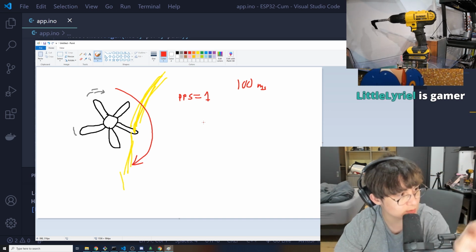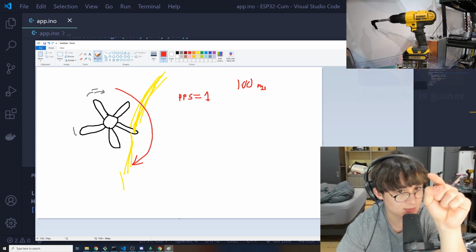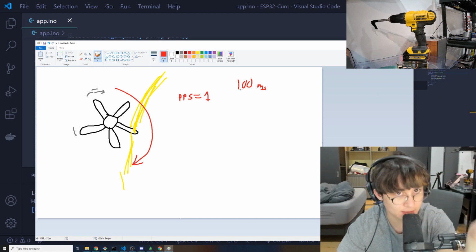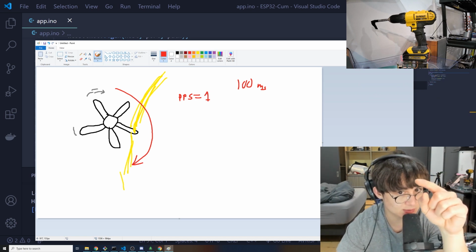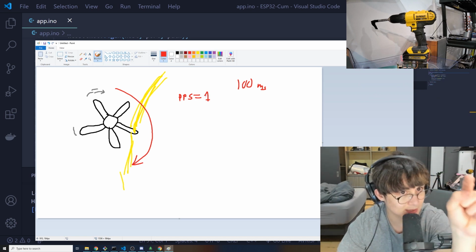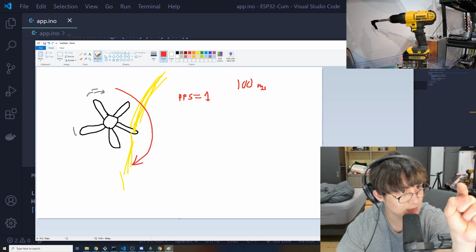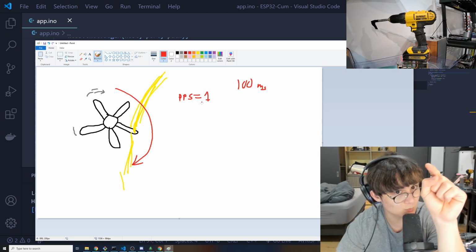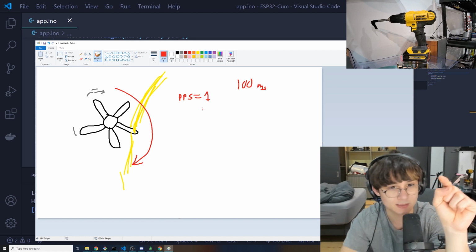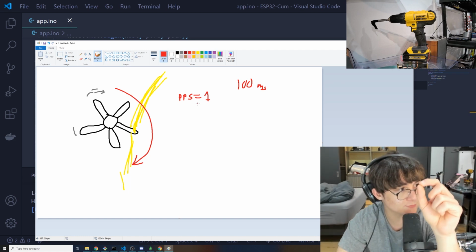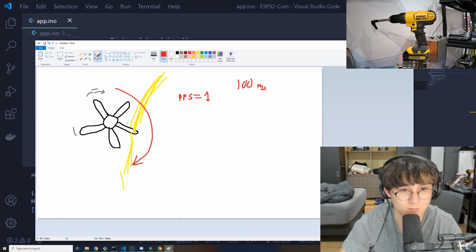I think we're losing rotations when we sample too fast. Imagine we rotate once, and our PPS is 1, cool, and then we rotate maybe half a time, and it samples again and loses a lot of the movement that's actually going on with the water wheel and the Hall effect sensor, right?